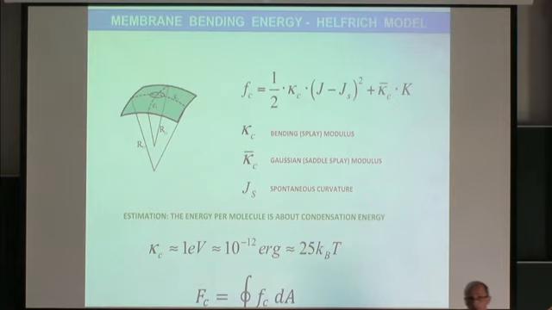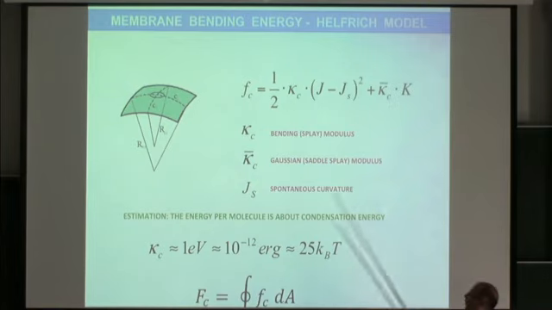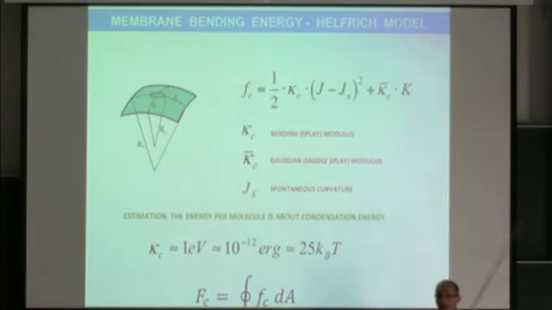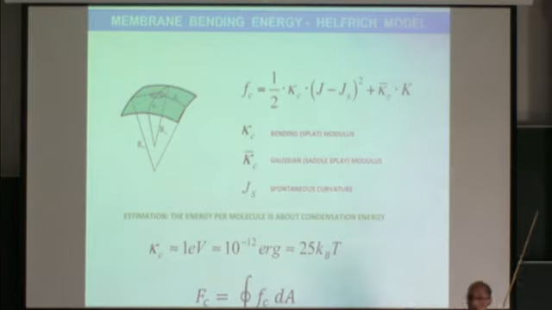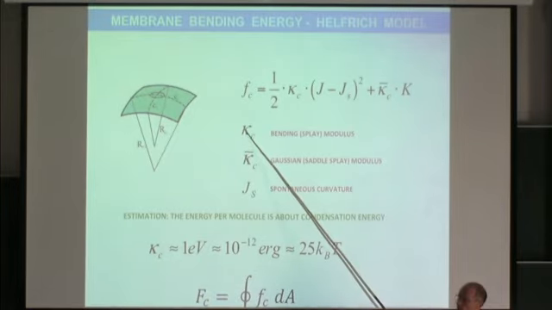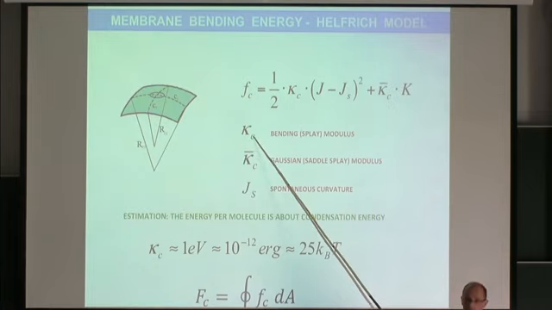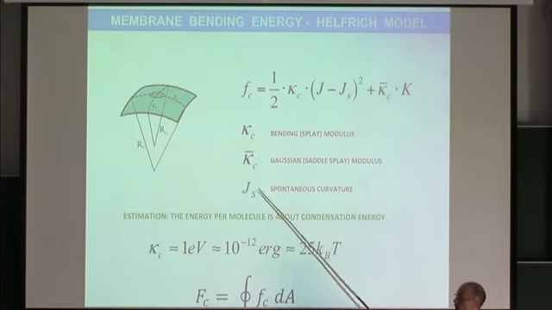In order to calculate the total energy, one has to integrate this over the membrane surface. And there are basically three material parameters of the membrane which determine membrane physics in this respect. They are bending rigidity, which is a real rigidity, and two parameters which are basically forces, stresses. One of them is spontaneous curvature, which represents, believe me, I don't have time or intention to go into detail because we had it already today.